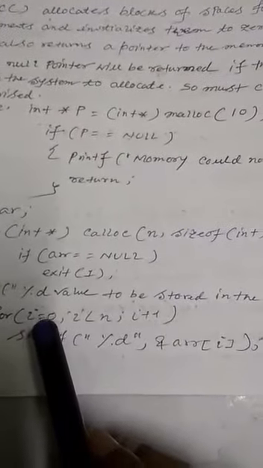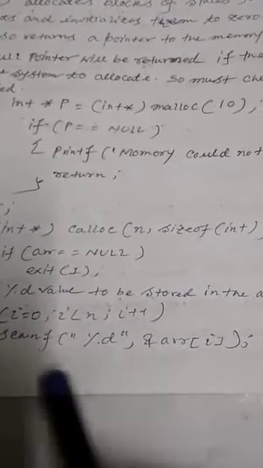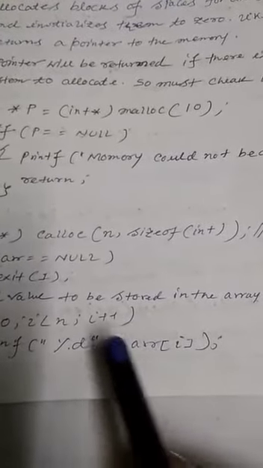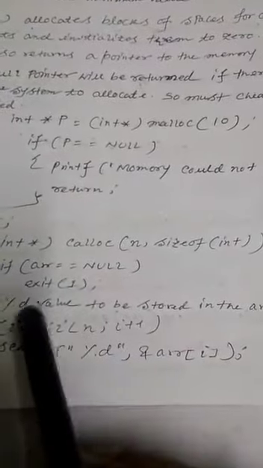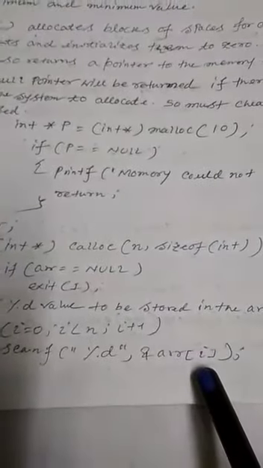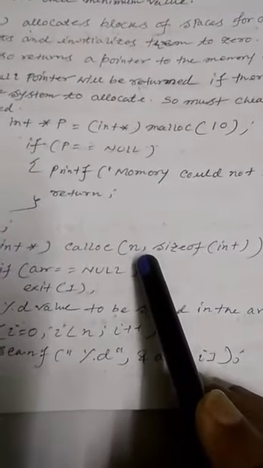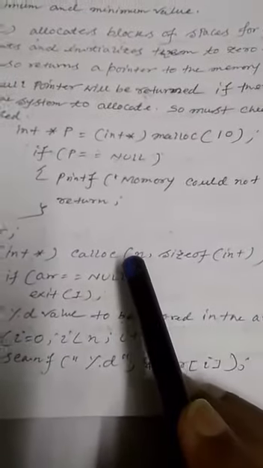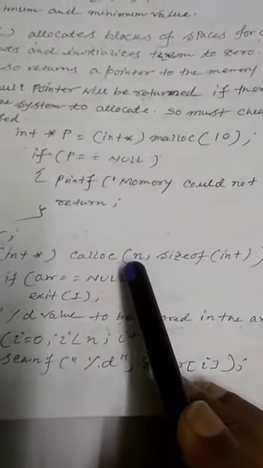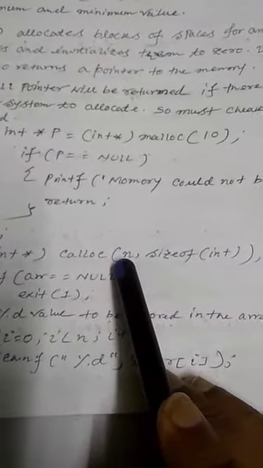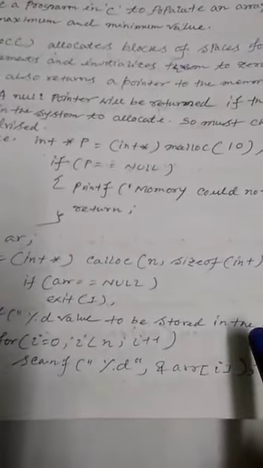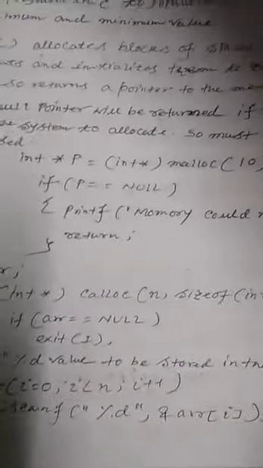We start with i = 0, i < n, i++, scanf("%d", &arr[i]). That means we are populating the array, and that array has been generated for n units of 2 bytes each. So like this we can use the calloc function to dynamically allocate an array.